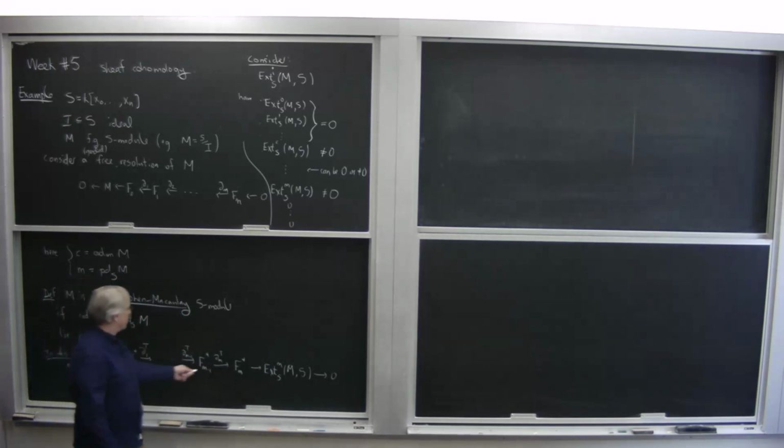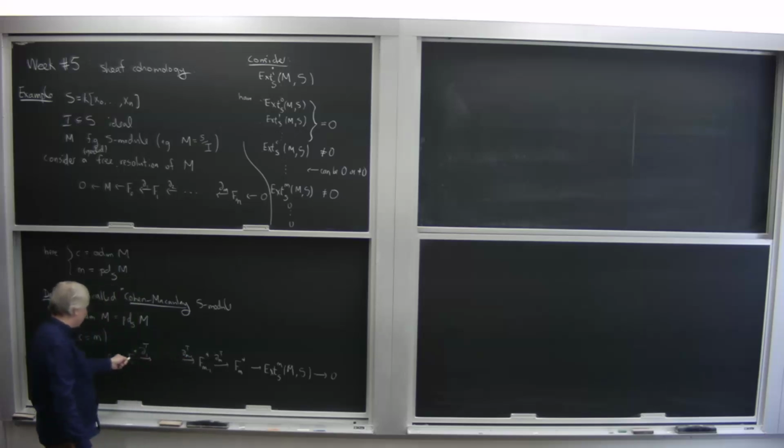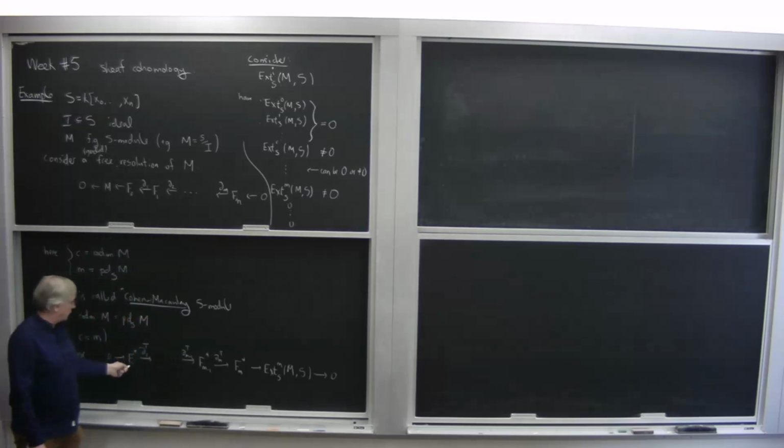But let's just think about it. What is the cohomology at this point here? It's the kernel of this one mod the image of this. That's Ext^{m-1}, which is 0. So it's exact here, and in fact, it's exact in every single one of these, even this one. If I take the kernel of that, mod the image, that is Ext^0, which is in fact already 0.